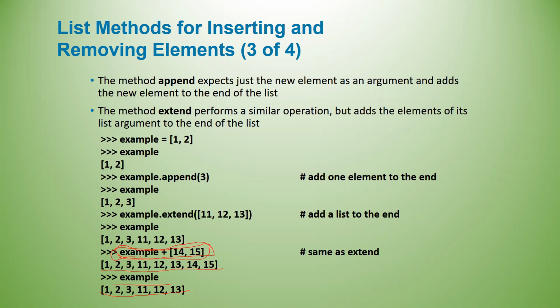So this list is the evaluation of this expression. It did not actually change example. However, this is calling a method. It changed. Here, this is an expression, a concatenation expression. It did not change example. That's why when you actually look at example, it's still the same. Okay, very good. Any questions about this, everybody?